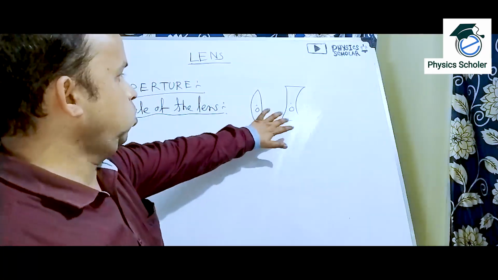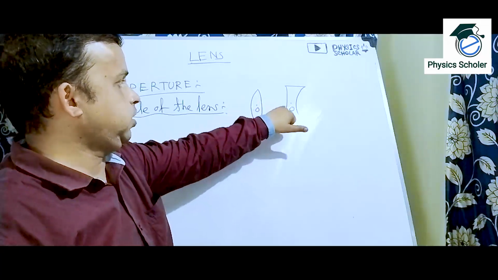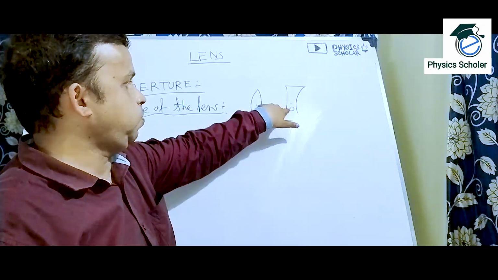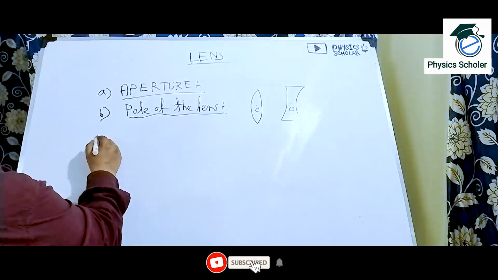It is denoted as O. In both the convex and concave lens, the center point inside the lens is known as the pole of the lens. Now the next one.